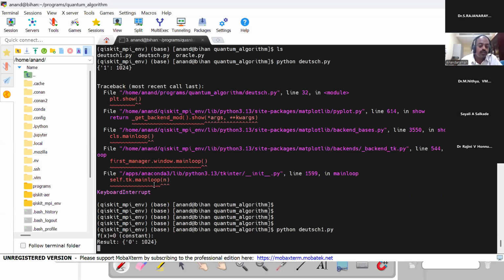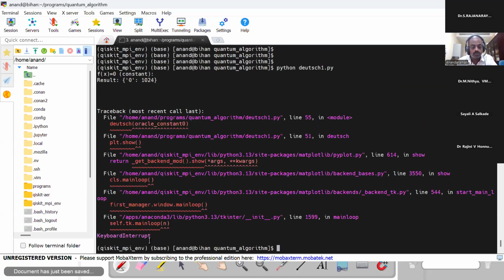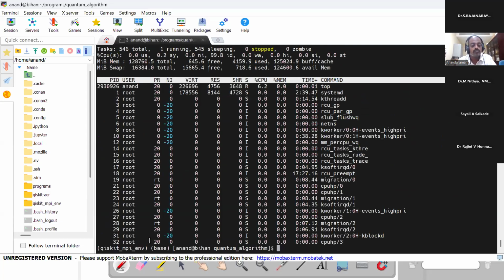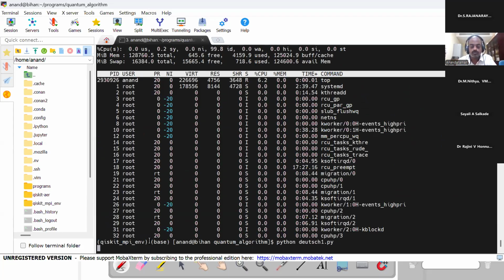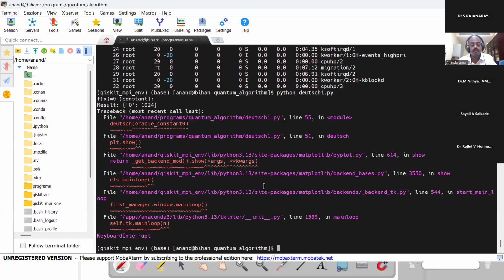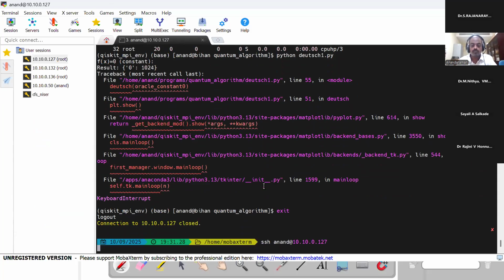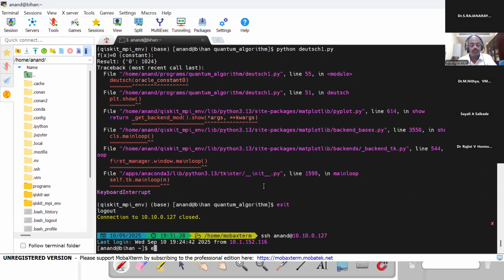See now, so f of x is equal to 0, so it's a constant function. Okay, I think it is. Actually, display problem.